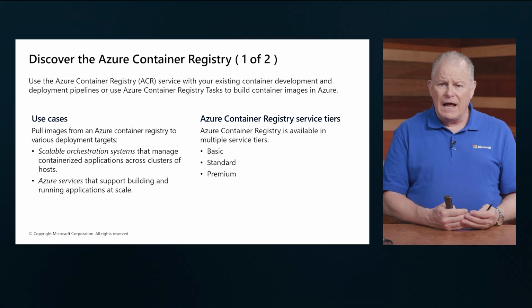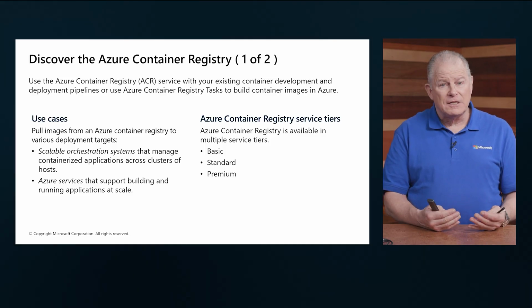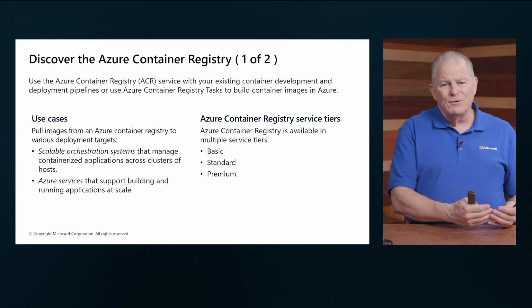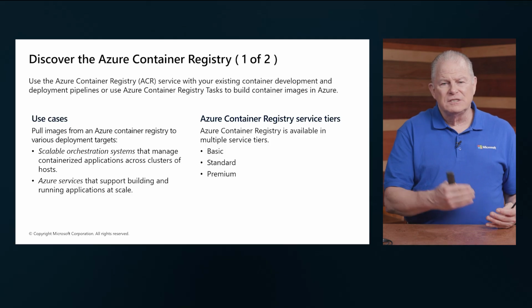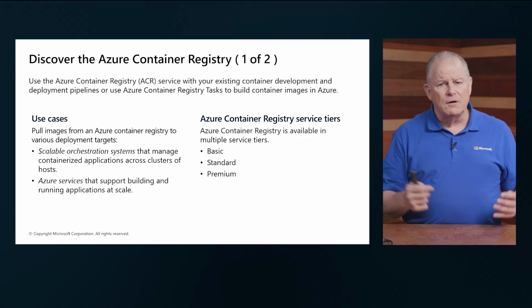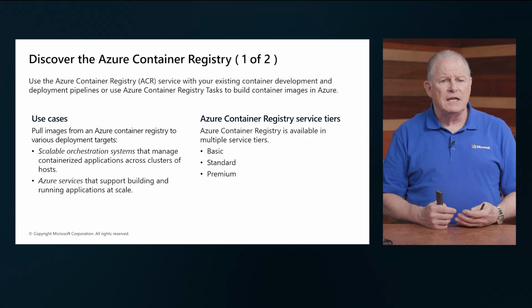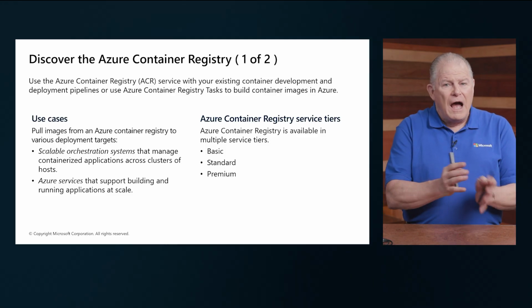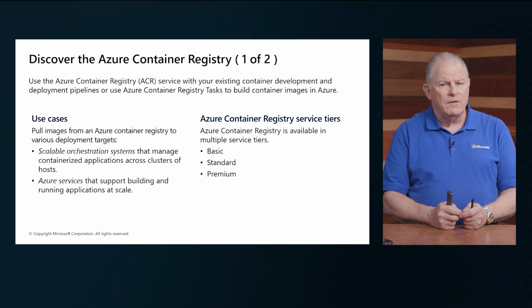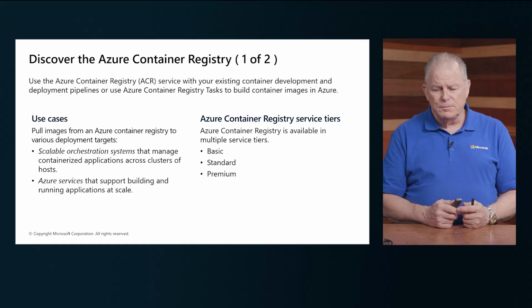Because if you're deploying applications from a global perspective, I don't want to have to come back to a North American container registry to deploy images inside of maybe a European or Asian data center environment. But I don't want to have to manage multiple instances. So how we manage this will happen depending on the container registry service that you build, and we'll take a look at those multiple tiers.